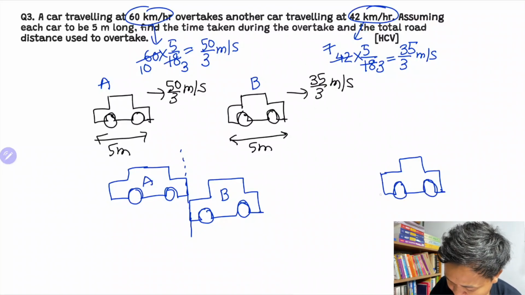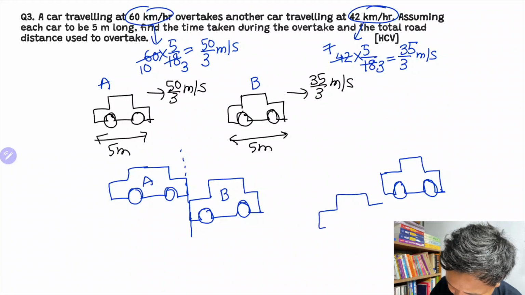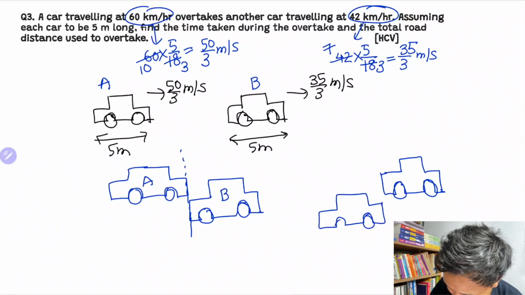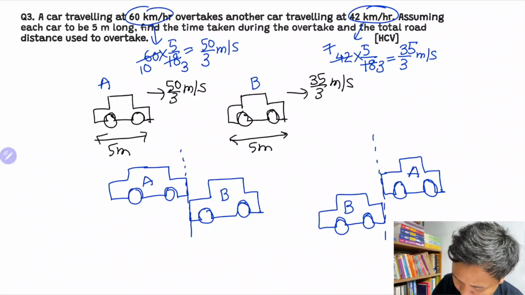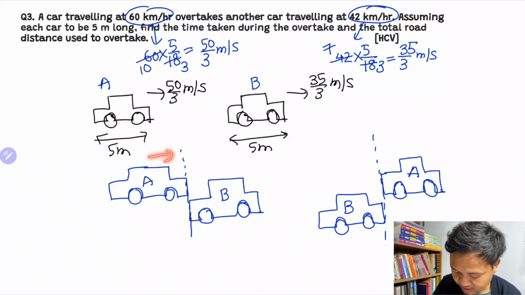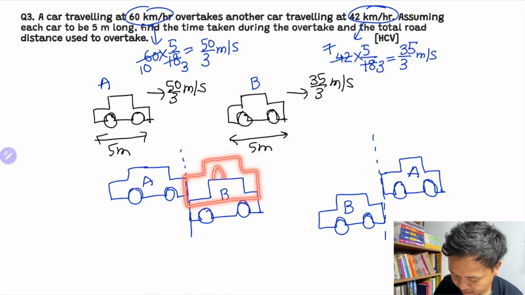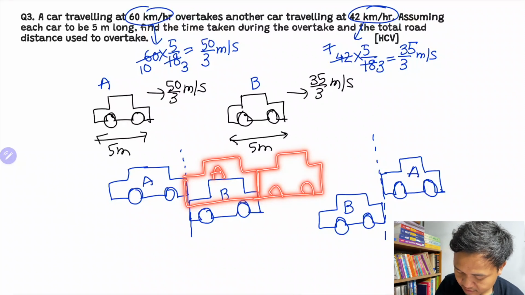When the situation is like this. Now you have car B and car A. After some time car A will be here, and then after some time car A will be here. Only then we say that it overtakes.